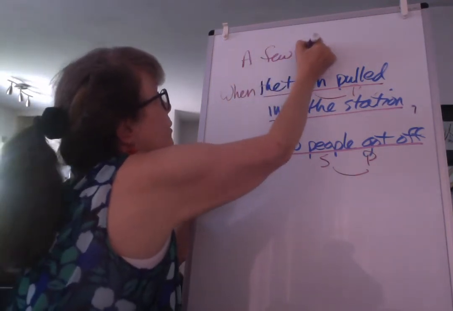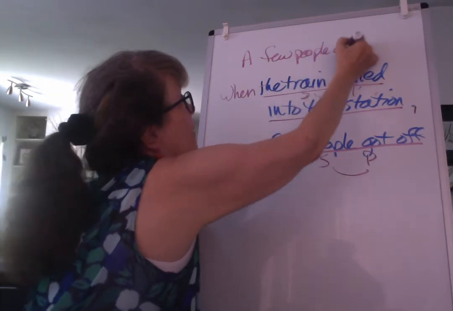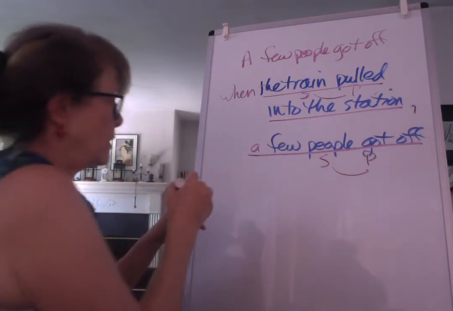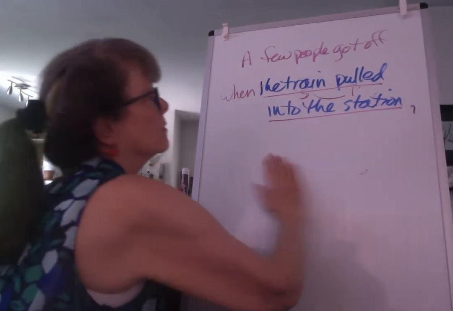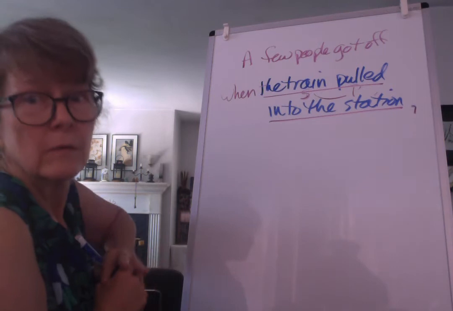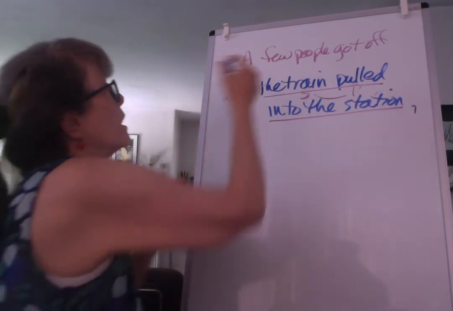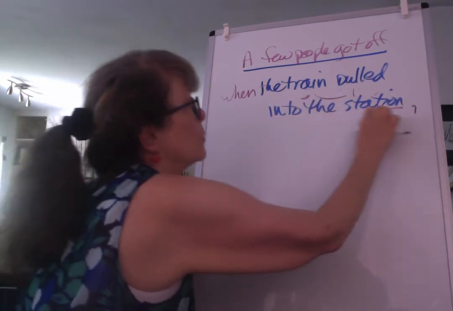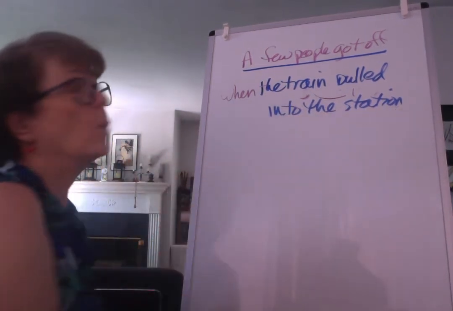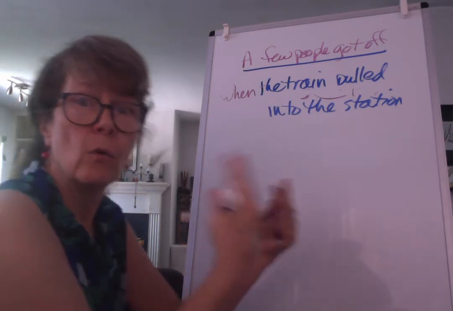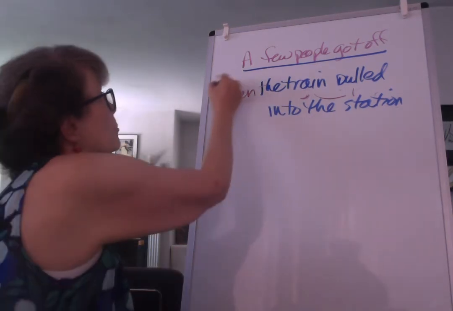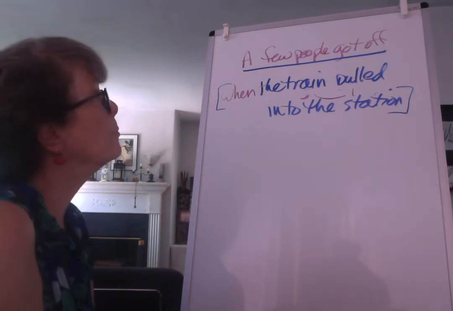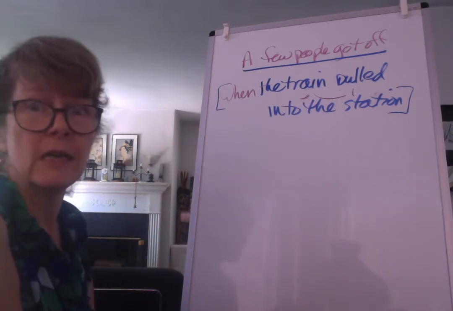A few people got off when the train pulled into the station. Right? This would be a main clause. This wouldn't be a main clause anymore because it says, when the train pulled into the station, what? So this is a subordinate clause. So now we have a few people got off when the train pulled into the station.